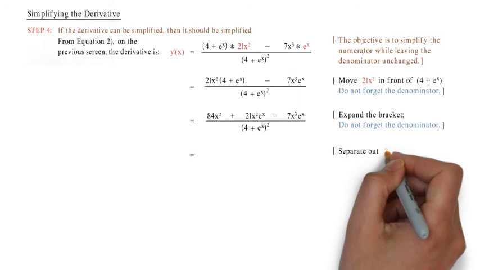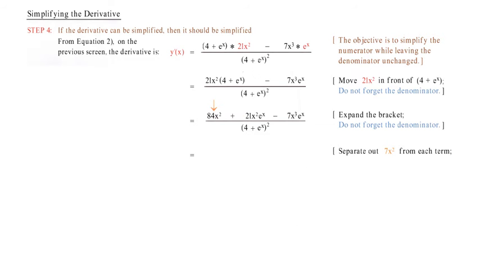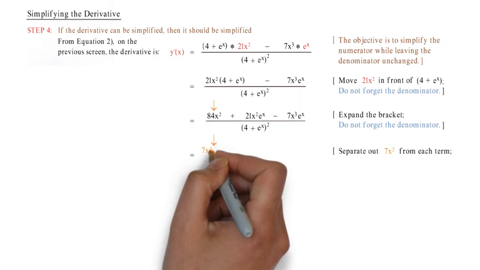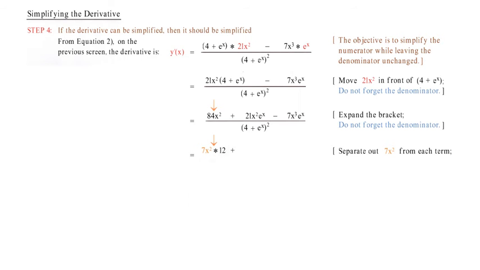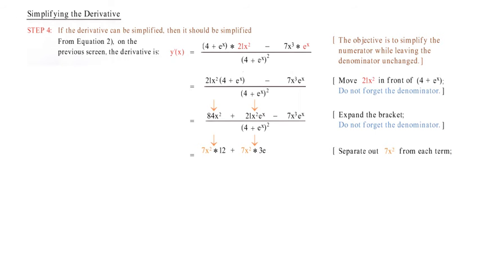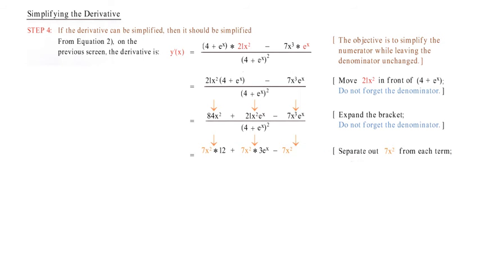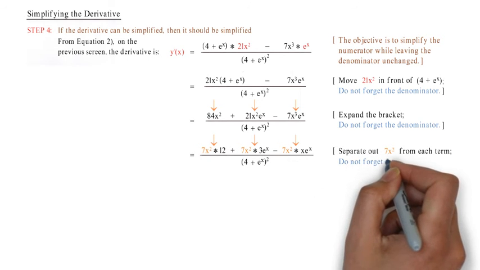Separate out 7x squared from each term. 84x squared becomes 7x squared times 12, plus 21x squared e to the x becomes 7x squared times 3e to the x, minus 7x cubed e to the x becomes 7x squared times x e to the x, divided by 4 plus e to the x all squared. Do not forget the denominator.